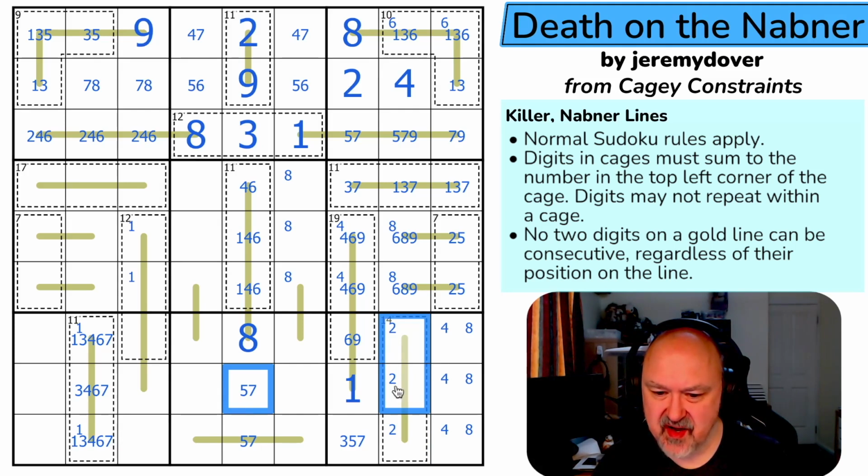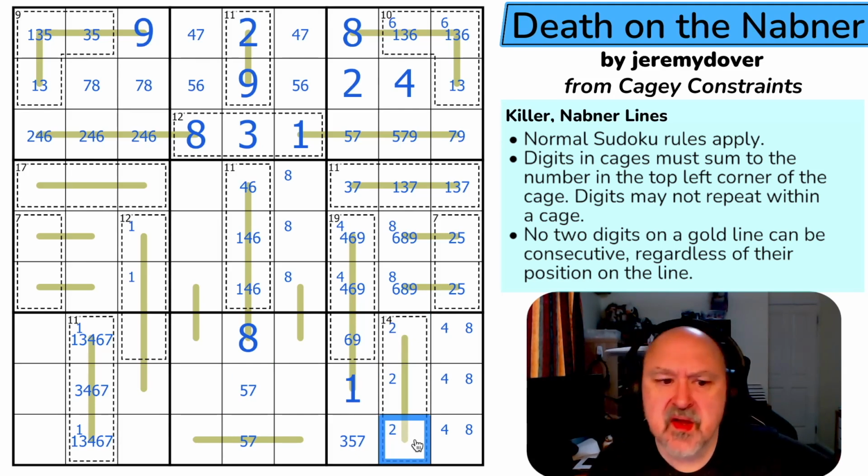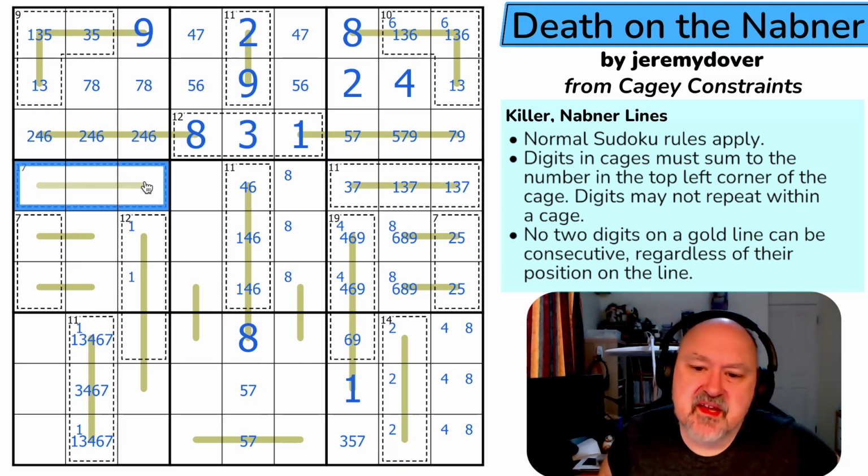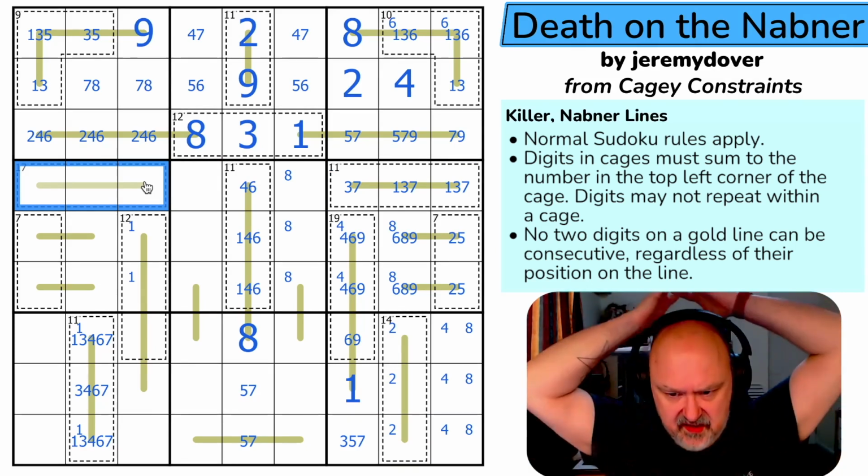This is a 7, 5, which gives me a 7, 5 pair in the row. I don't know. Is it this 17 cage now that I've ruled out 1, 3, and 7? Oh, with the killer calculator, this would be so easy, I think.